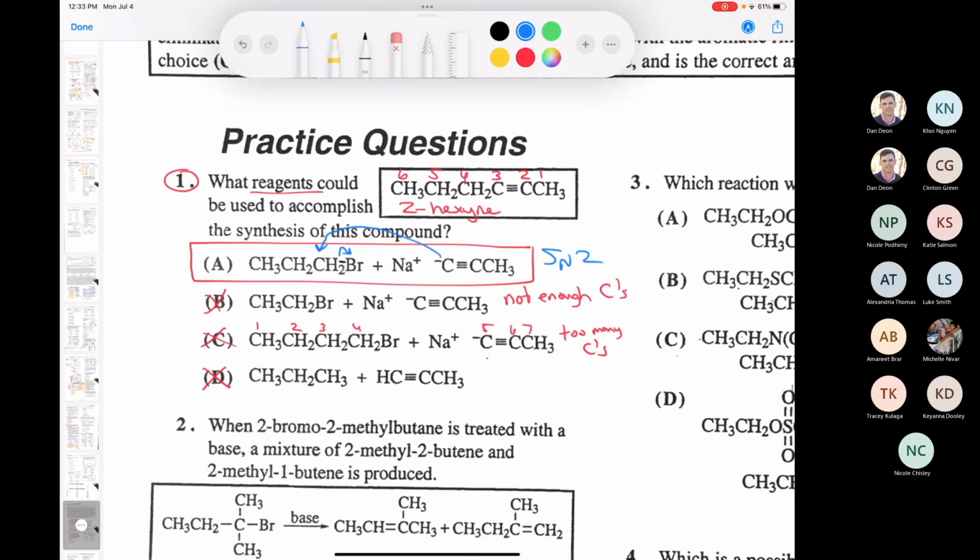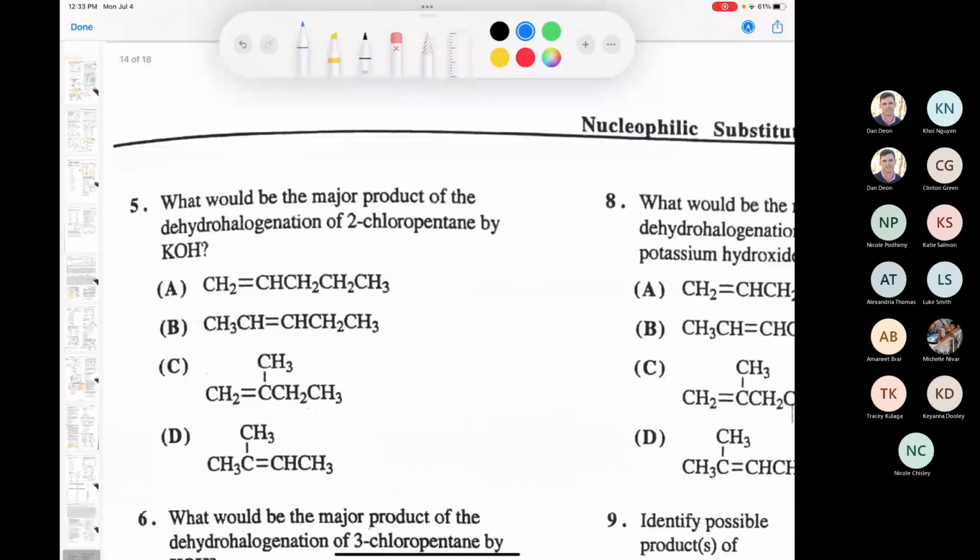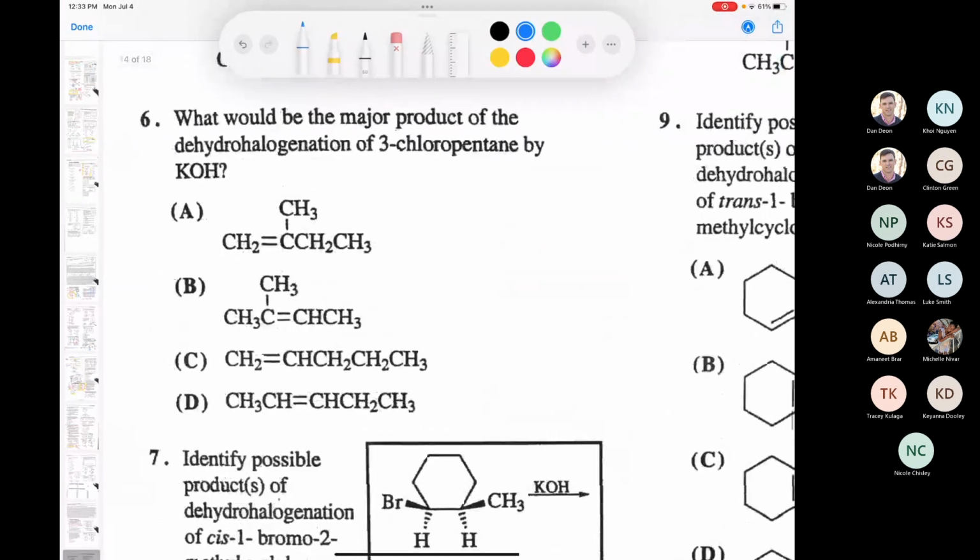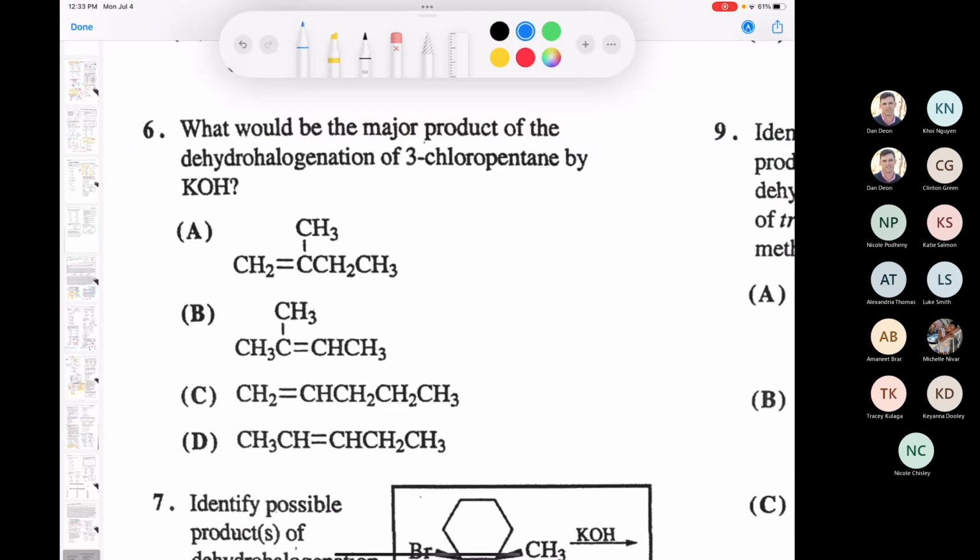Let's try question number 6. A little more substitution and elimination. Oh boy, another question where it's just text. Question 6 says, what would be the major product of the dehydrohalogenation of 3-chloropentane by potassium hydroxide?